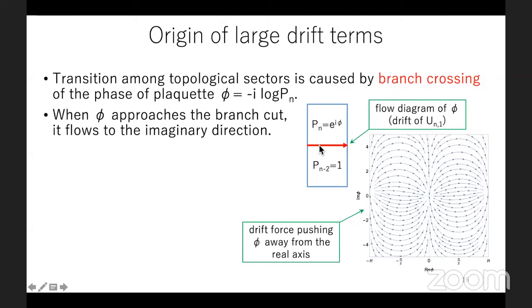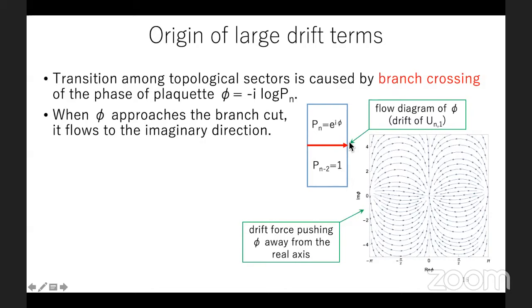If we choose one of the lattice sites and consider this bracket, the phase is given by phi, and look at this link. The drift term is given by a function of this bracket and also this bracket. For simplicity, I fix the lower bracket to just 1.